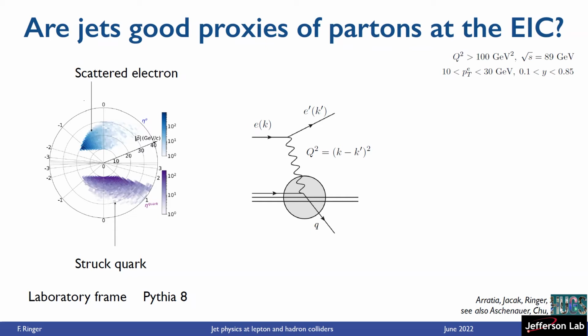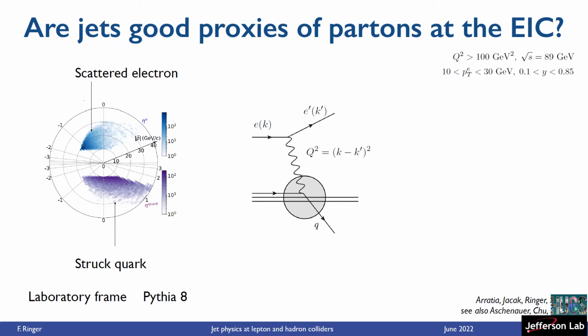These 2-dimensional plots here, in these kind of polar coordinates, basically map out the kinematics at the EIC, where we're going to find the struck quark. This is a simulation now in Pythia. It's not a strict perturbative QCD calculation. It's more like a simulation, but it can give us an indication of what to expect.